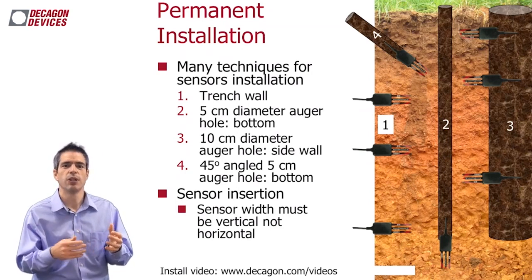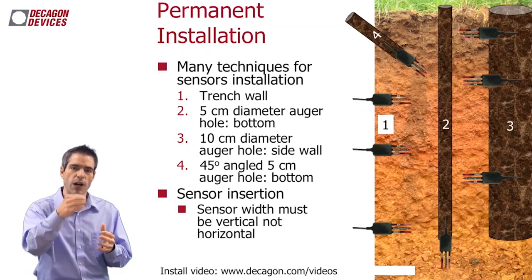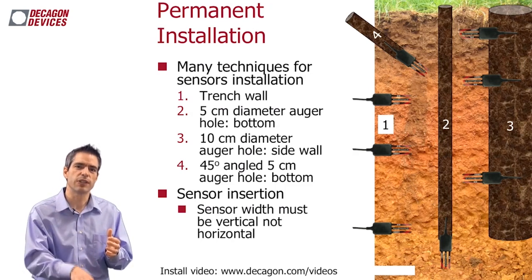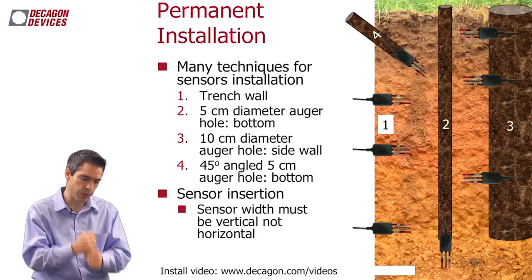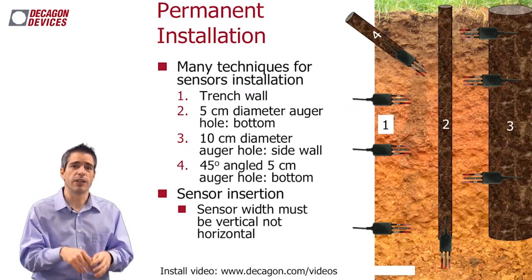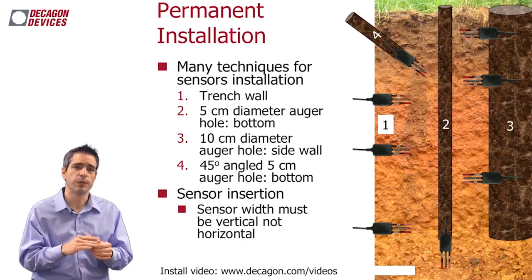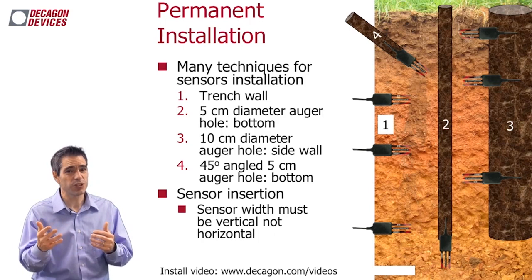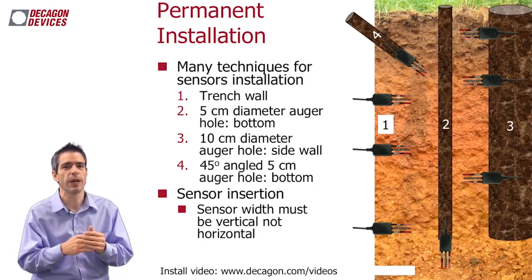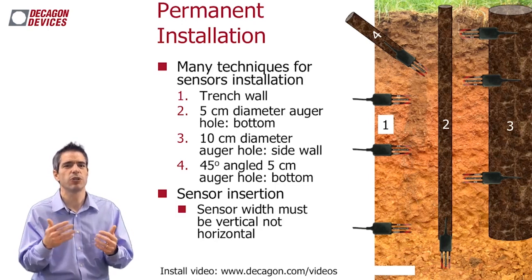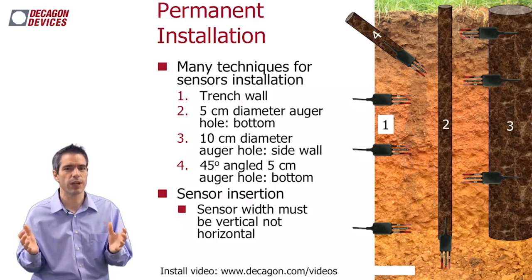Technique number 2: we augered a 5 centimeter hole down to the bottom. We put the sensor into the bottom of the hole using a PVC pipe, pulled that pipe out and then carefully backfilled that hole. That technique is actually discussed in this video at the bottom of the page. It was pretty useful, but there are some concerns and some things that we don't like about it.